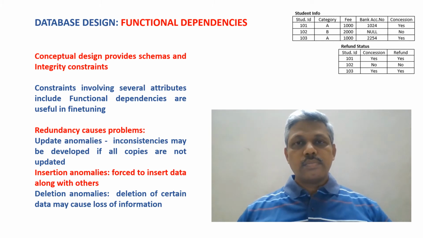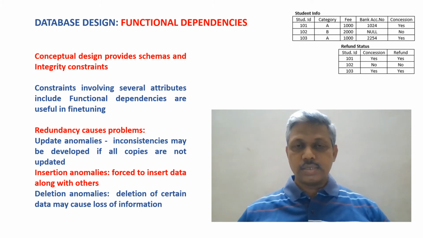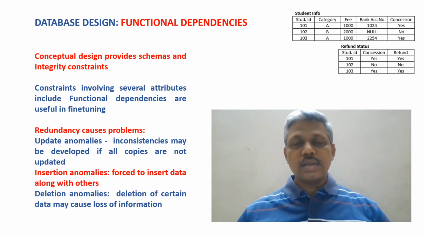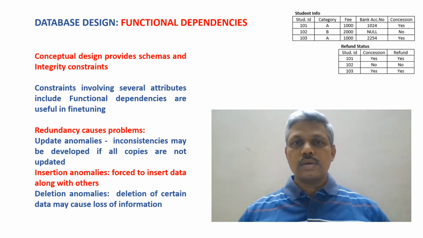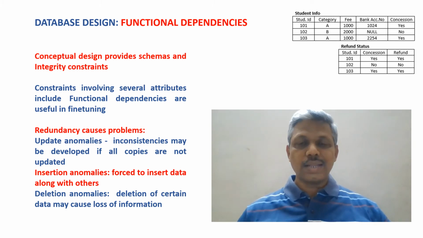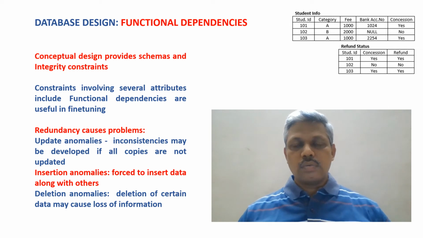This is because the bank account number is linked with all other data unnecessarily. So the unnecessary data has to be inserted, or otherwise I cannot insert the complete row. So I have to insert null there. This is one kind of insertion anomaly that may creep in.